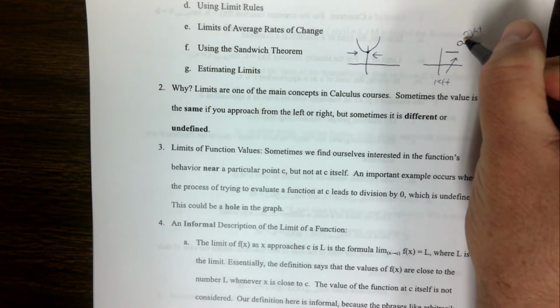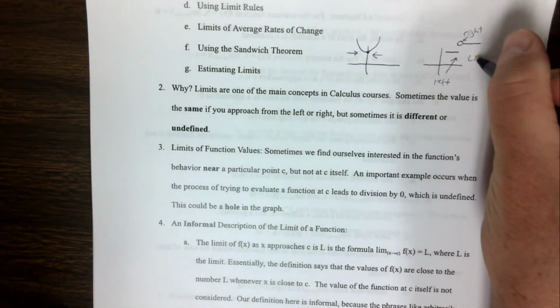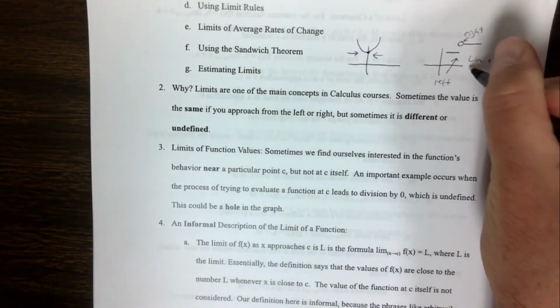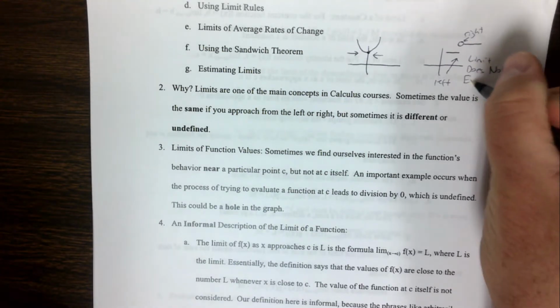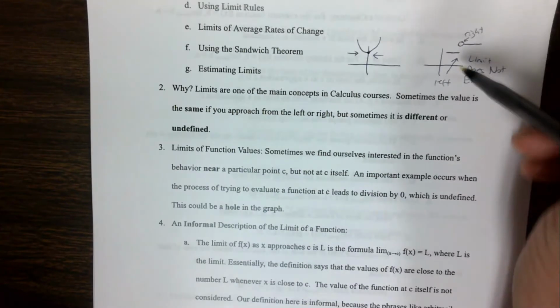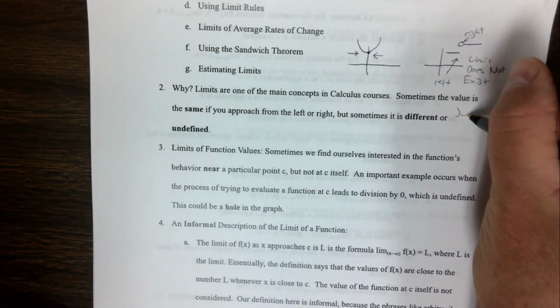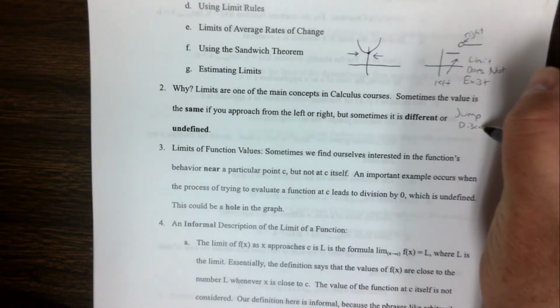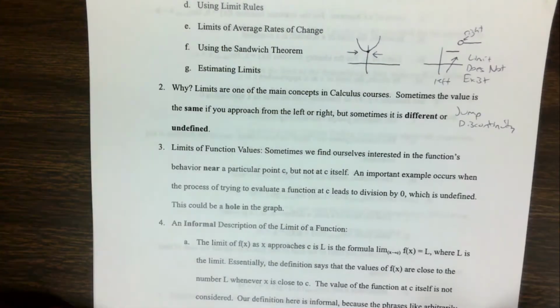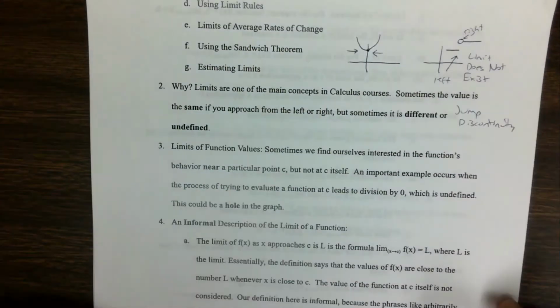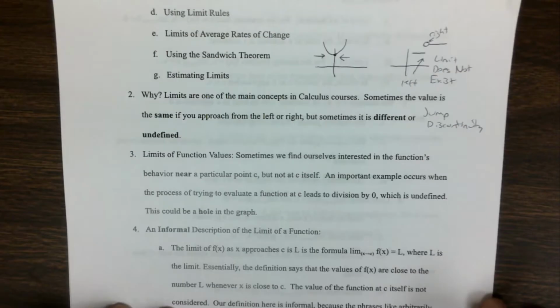So in that case, the limit does not exist. So that kind of jump discontinuity is one example of why a limit would not exist. So those are some of the things we're going to be talking about.